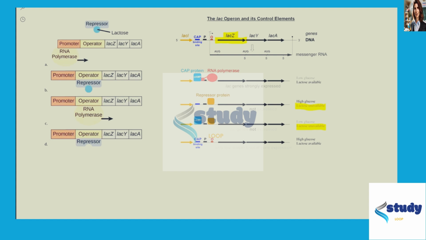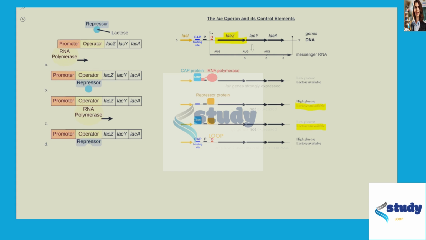On the left-hand side, we see a figure with our question choices, and we are going to be investigating what happens to two of the mechanisms on the lac operon. We will be looking at what happens to the repressor and what happens to the RNA polymerase.